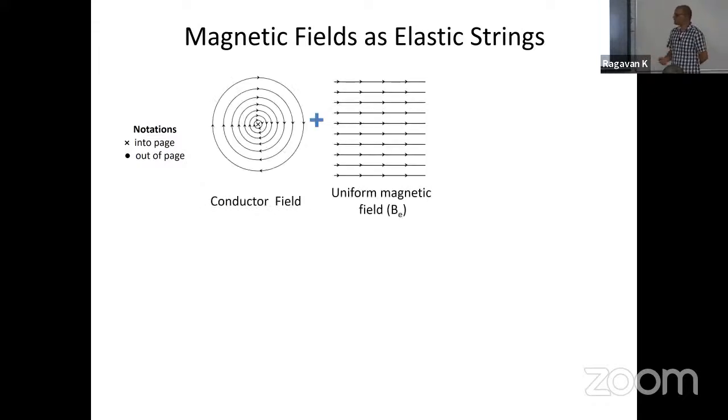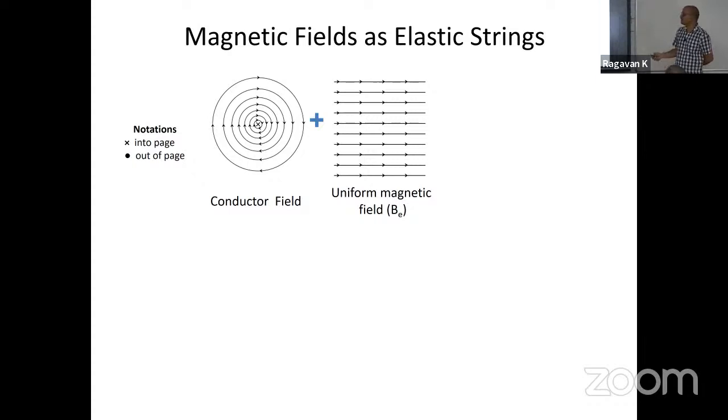So here it starts, the first example. Now consider that you have not seen many methods. Let's just start with this example. The first figure on the left-hand side is the field of a conductor. The conductor is into the screen. And the second figure is a uniform field, right?